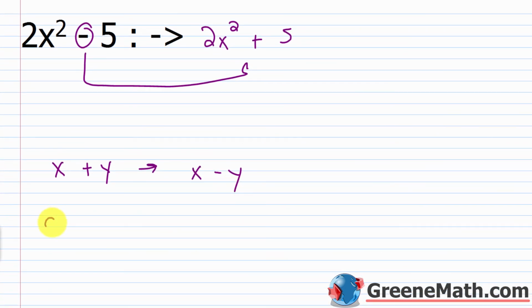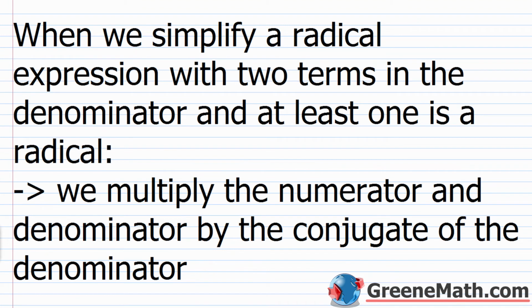If I saw a plus b, the conjugate would be a minus b. If I saw the square root of 7 plus 3, the conjugate would be square root of 7 minus 3. I'm keeping the two terms the same. All I'm doing is just changing the sign. It's very, very simple.